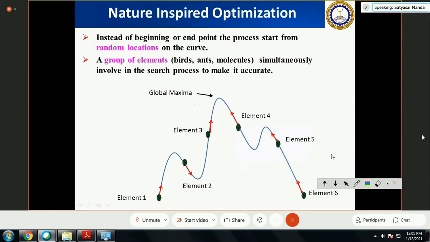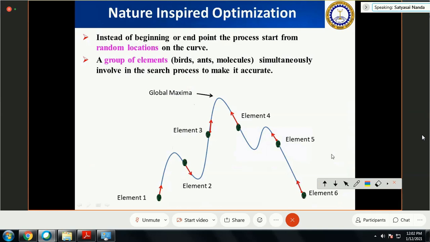They possess cooperative learning, that is, they share information with each other and try to achieve one particular goal, to optimize the curve, maximization or minimization. So it is a collective intelligence of a group of elements, or we can say a group of birds, ants, molecules, many types it may be.